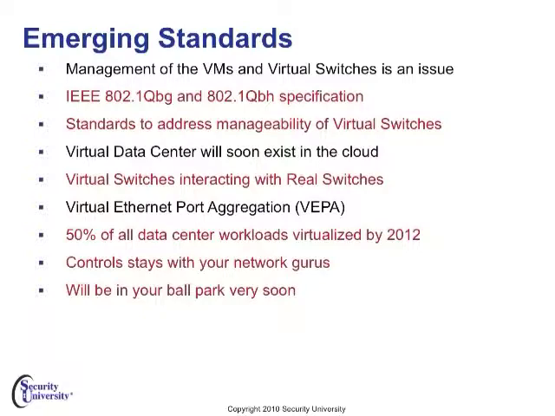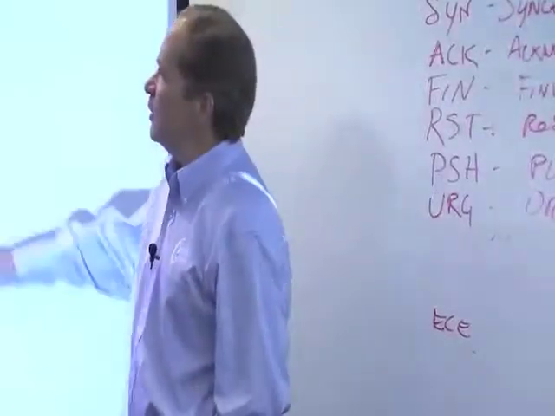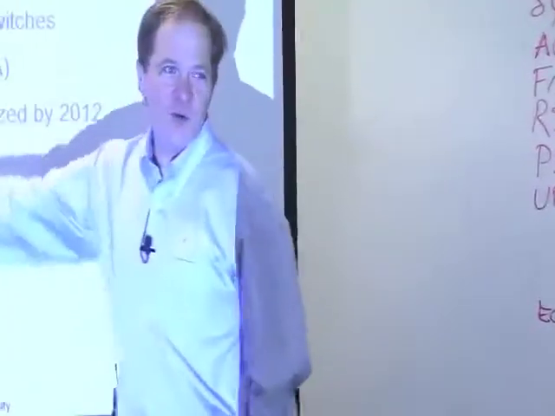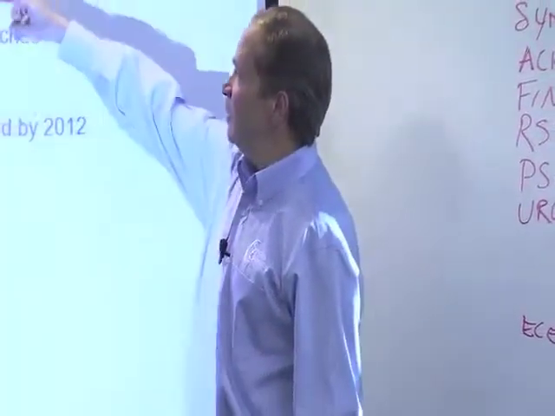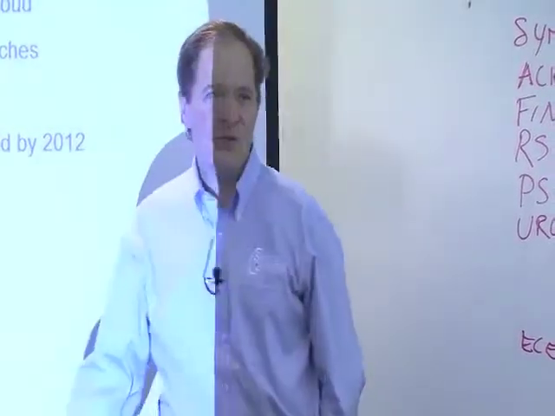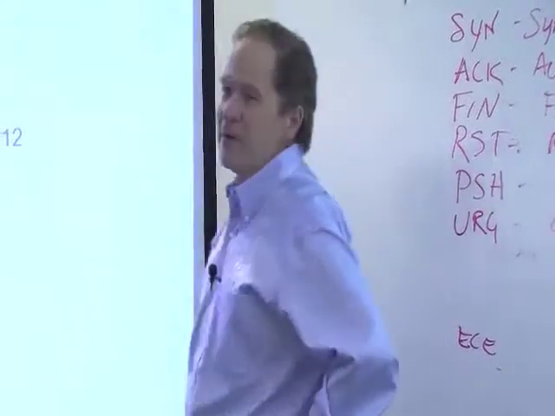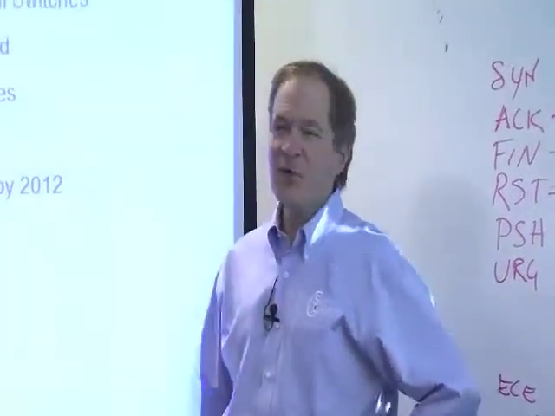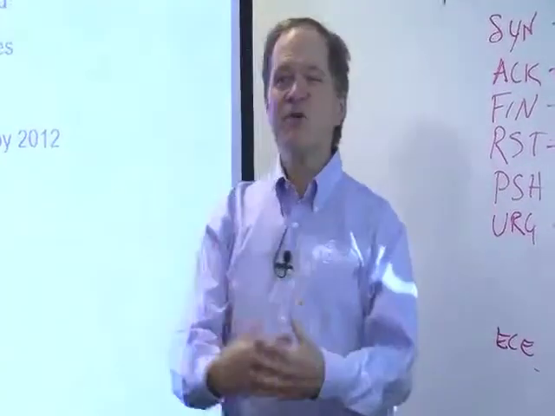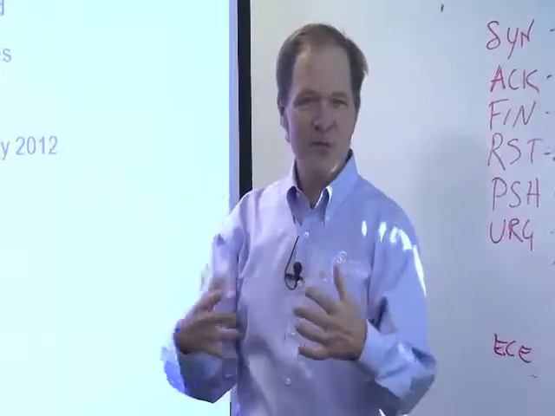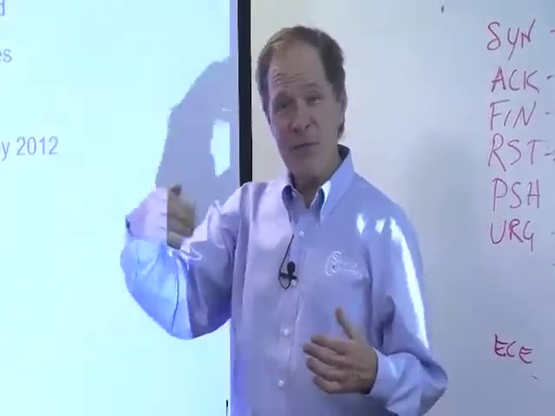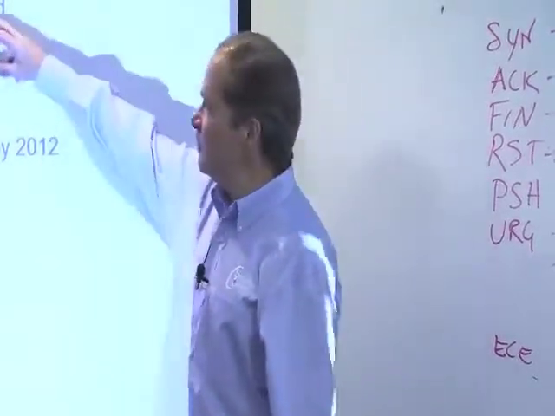And these are just some of the emerging standards in the VM world, right? We have standards in here for IEEE 802.1Qbg and 802.1Qbh, specifying routing for virtual machines. You'll notice that virtual machines and servers also have virtual switches because they have a virtual network inside them for all the virtual machines to communicate with, and a way for that network to then go out to the physical network if you need.